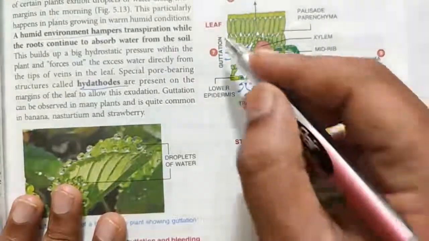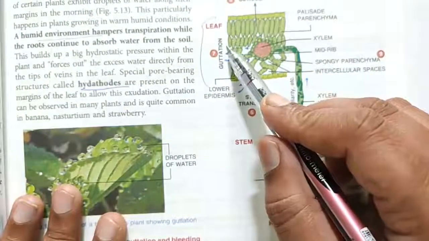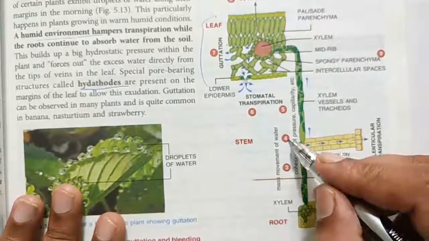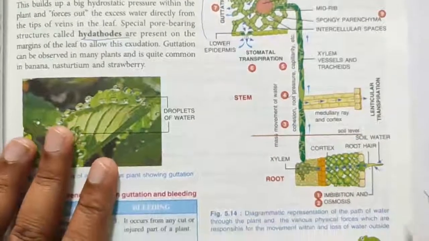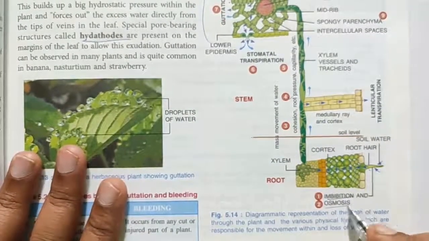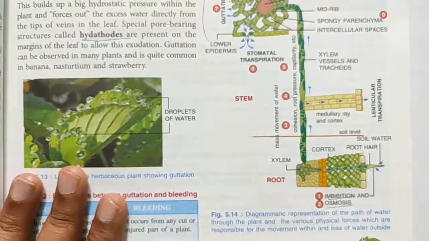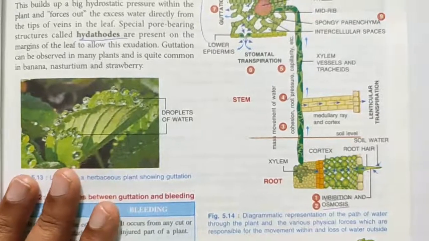For example, you have to learn this part from where transpiration and guttation are taking place. Apart from this, you have to learn root pressure, and two important processes, imbibition and osmosis. These are the terms you have to learn. You must know the definitions of these terms and how this process is regulated in the plant.